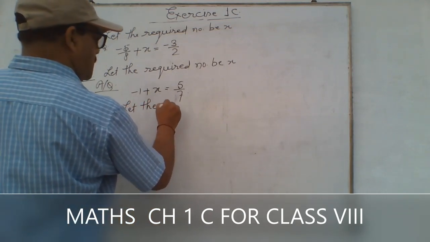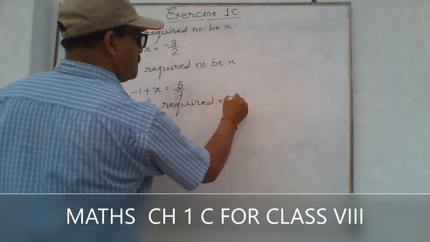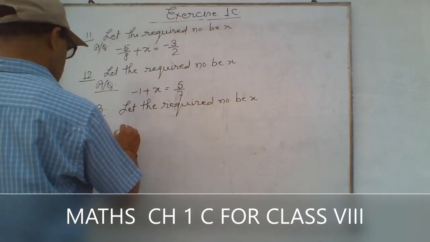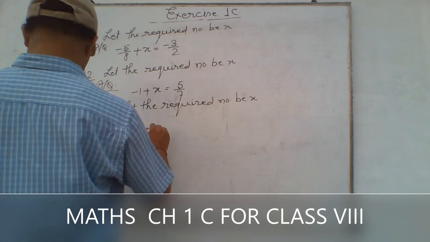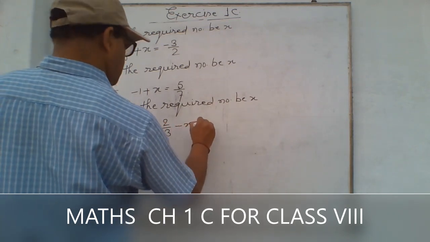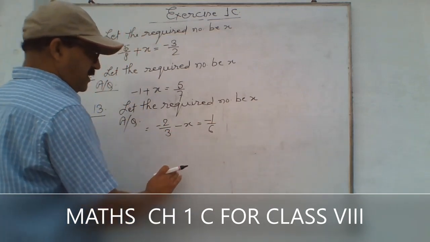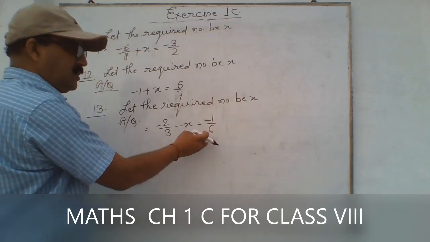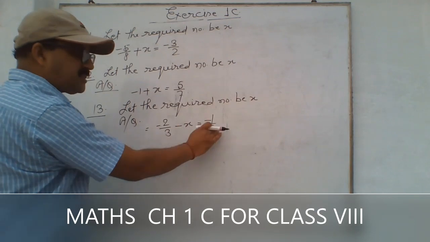Let the required number be x. So, according to the question, minus 2 by 3 minus x is equal to minus 1 by 6. Very simple. If x is transposed there and minus 1 by 6 is transposed here, both signs will be changed.